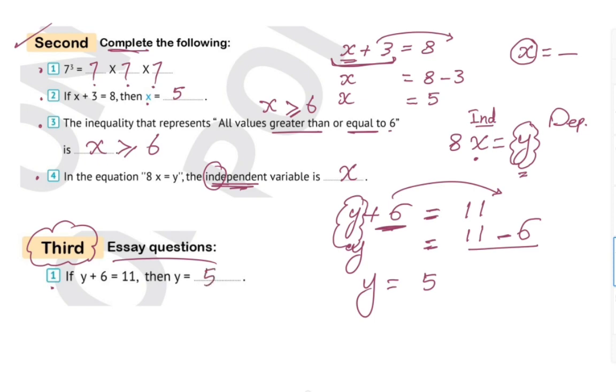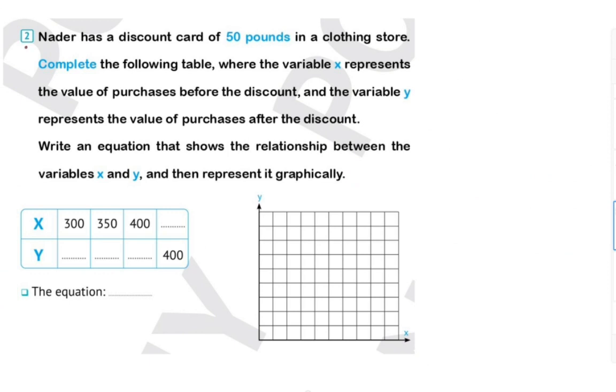Okay, go to the next question of our model number 4. Note with me. Nader had a discount card. What's the meaning of discount card? Of 50 pounds in a clothing store. Now I need to understand the meaning of this statement. I have a discount card of 50 pounds in a clothing store.